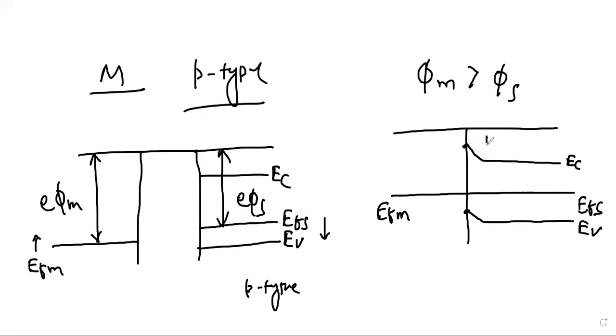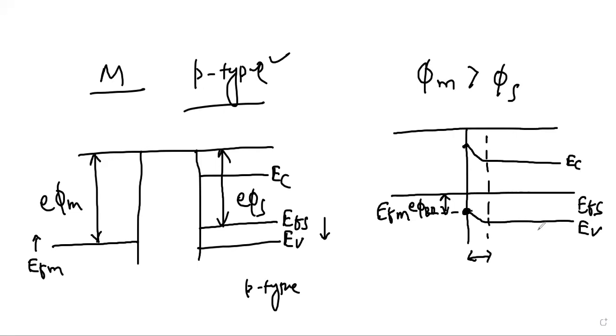So the depletion region is created over here. Now if you see the barrier height here from the metal side, this is the barrier height because this is the contact. For the valence band we have considered P type, so we are referring to the valence band. So this is our E phi B0, the barrier height has reduced for the P type and phi m greater than phi s.